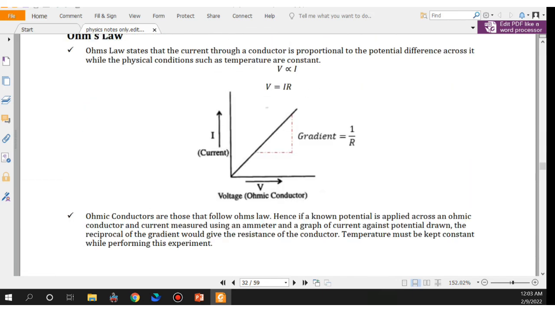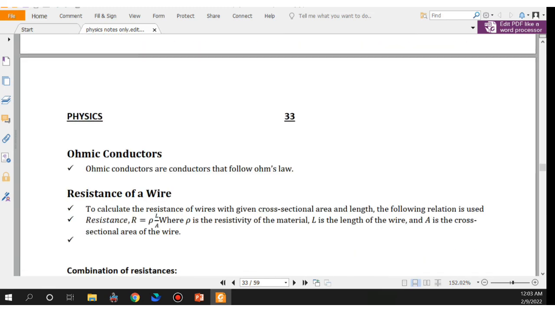Everything is written in detail in this document. You can review these topics because they are also shared by the Pakistan Medical Commission's course outline for MDCAT. These topics were extracted and written very comprehensively in these physics notes.